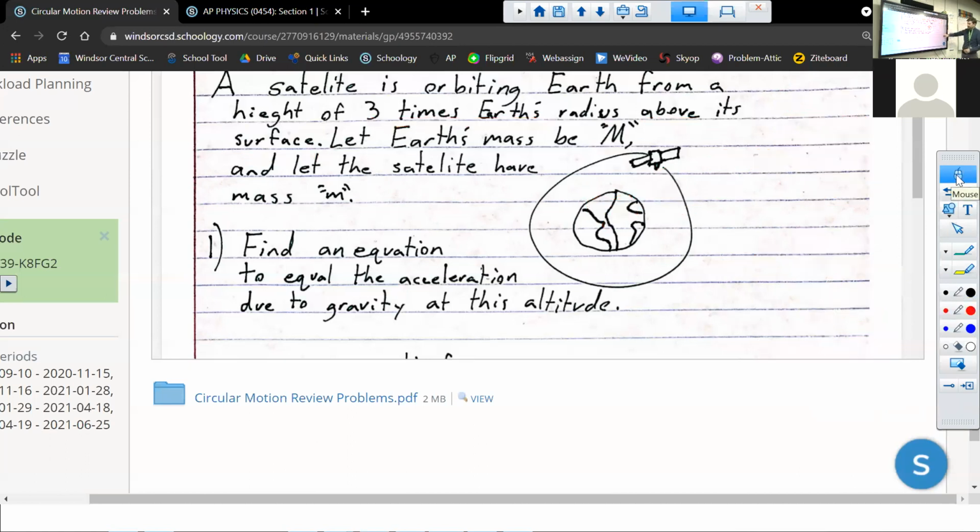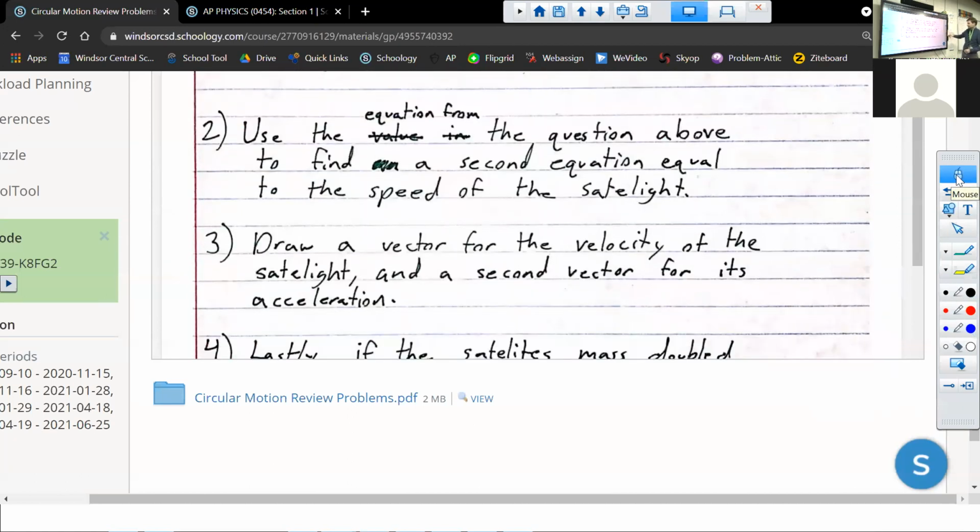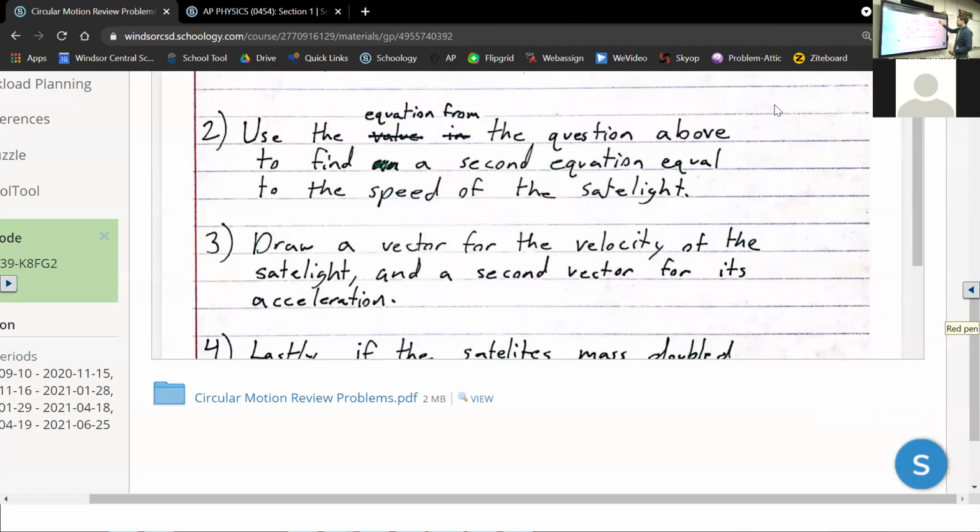So we got that one. Use the equation from the question above. So g is equal to big G M over 16r squared. All right. And find an equation for the speed of the satellite.